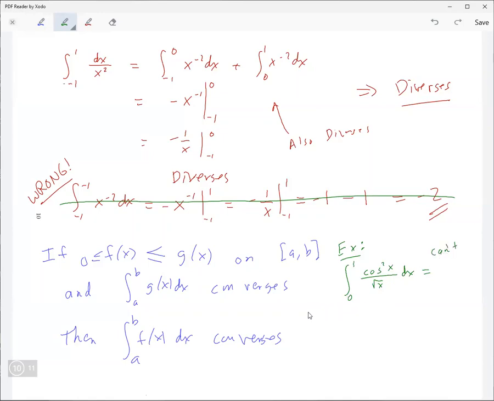But cosine squared x over the square root of x is less than or equal to just plain old 1 over the square root of x. And it's always greater than or equal to 0 on the open interval.